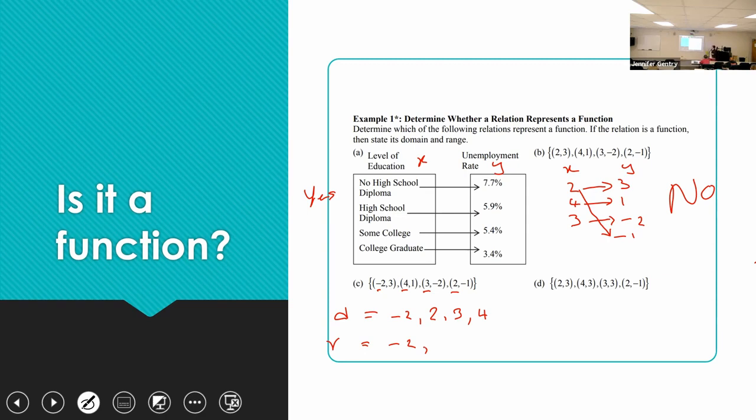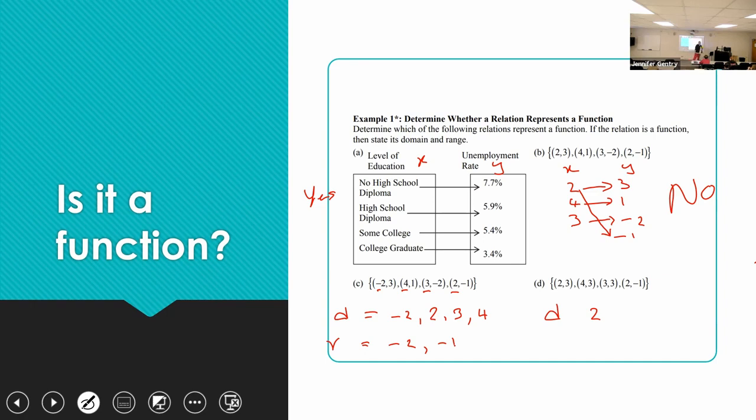Okay. What about D here? I've got (2, 3), (4, 3), (3, 3), (2, -1). Is that a function? Anyone else want to say no? She's gonna go with no. Come on, boys. What is it?